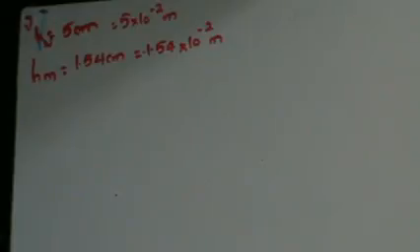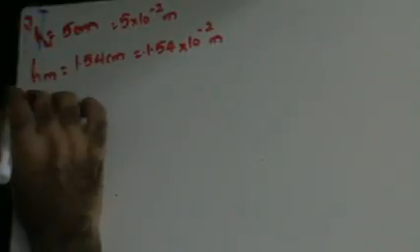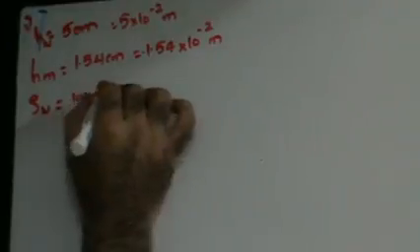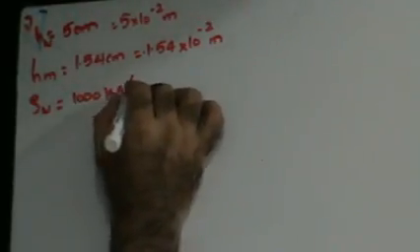Compare the surface tension of water to mercury if the density of water is 1000 kgs per meter cube.